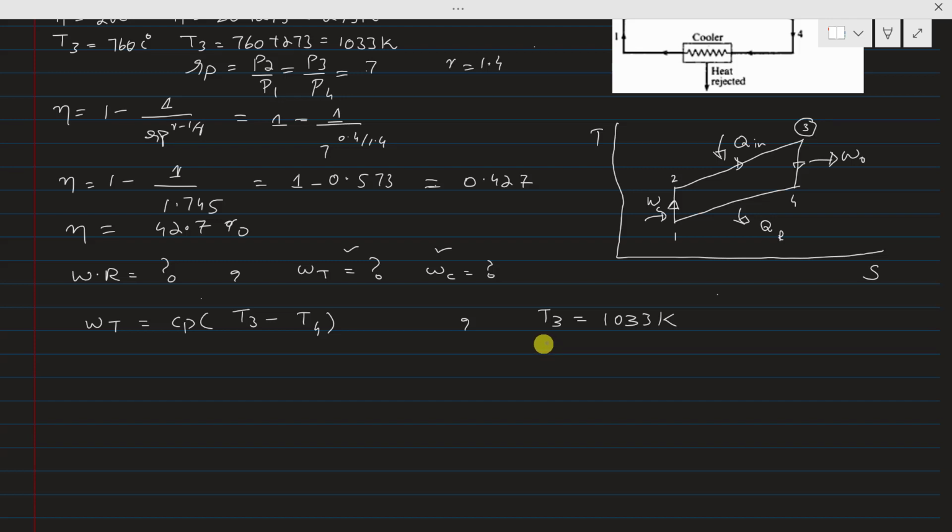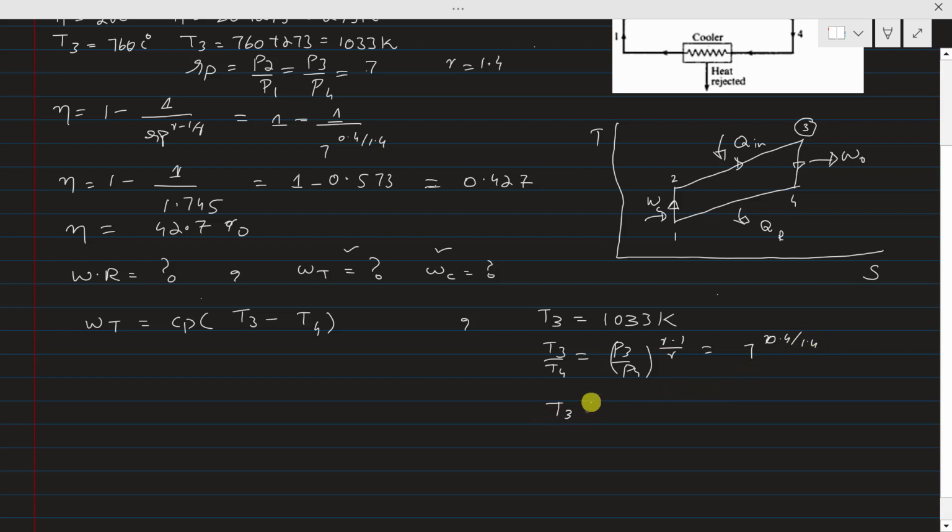So apply the isentropic equations to find the T4 value. T3 divided by T4 equals P3 divided by P4 to the power of gamma minus 1 divided by gamma. So put the values: that is 7, gamma is 1.4, so 1.4 minus 1 gives 0.4 divided by 1.4.